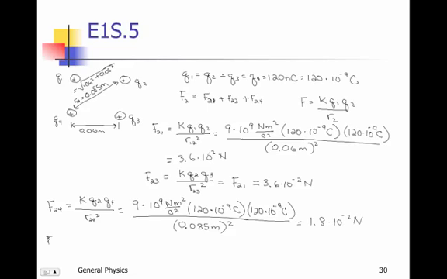So for the charge on 2, we have to add them together. So we have 3.6 times 10 to the minus 2 newtons, and we can multiply that by 2 because both F21 and F23 are the same. So times 2 plus 1.8 times 10 to the minus 2 newtons.